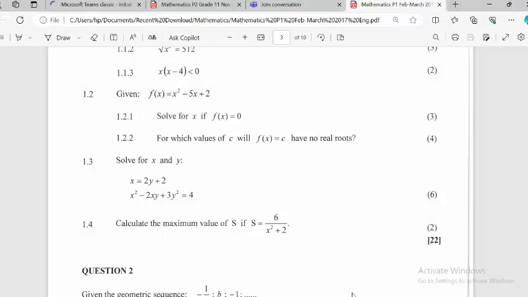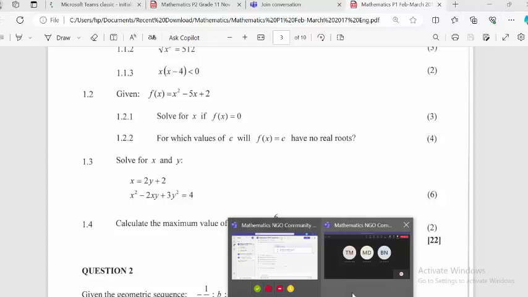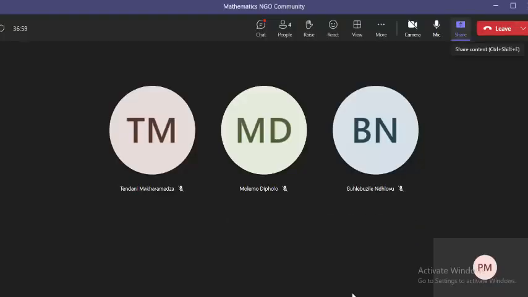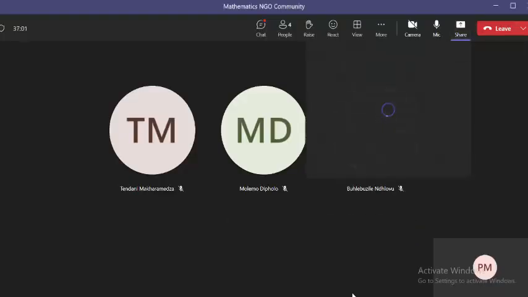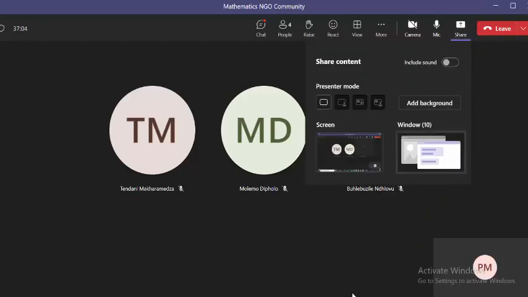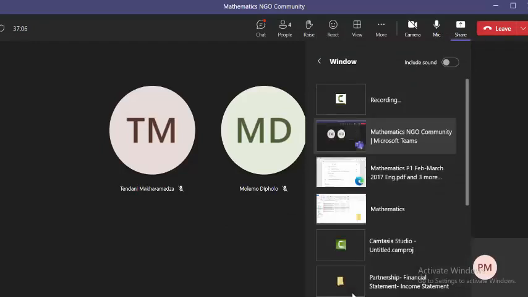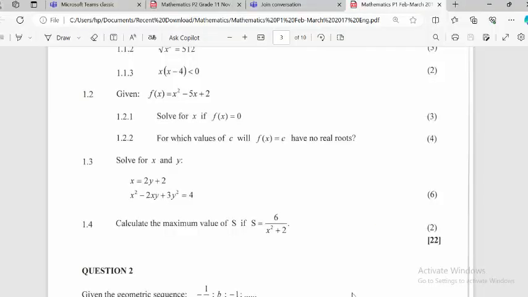Give it a second before it shows. It's gonna take just a second before you can see it, but eventually you will.